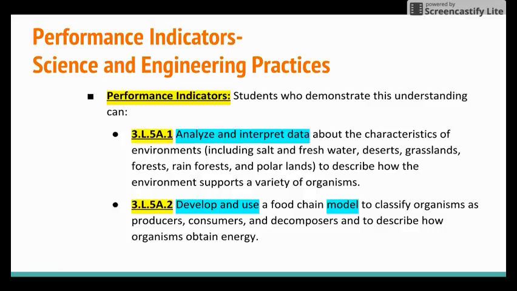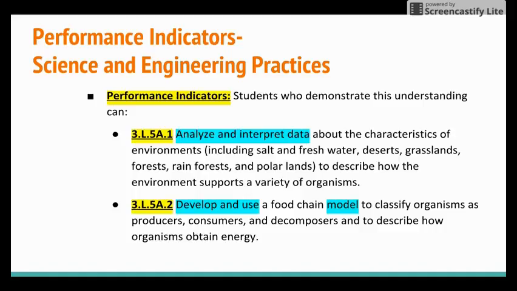So what they're not going to do is they're not just going to read a whole bunch of books or PowerPoints or video clips about each of these habitats, but they really are supposed to learn about how these habitats support the organisms by analyzing and interpreting data about the characteristics of those environments.